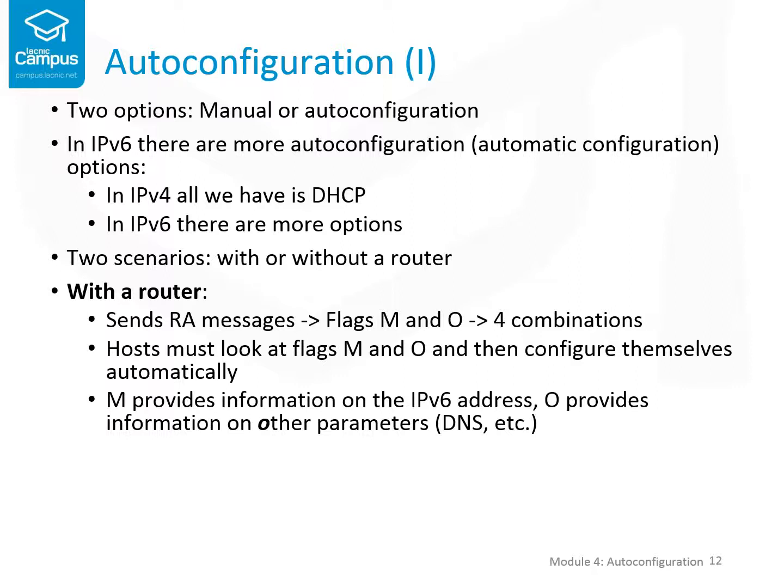Flag M provides information on how to configure the IPv6 address. Flag O provides information on other parameters, for example, the DNS. In the scenario without a router, DHCPv6 may be used to configure the IPv6 address and DNS server.